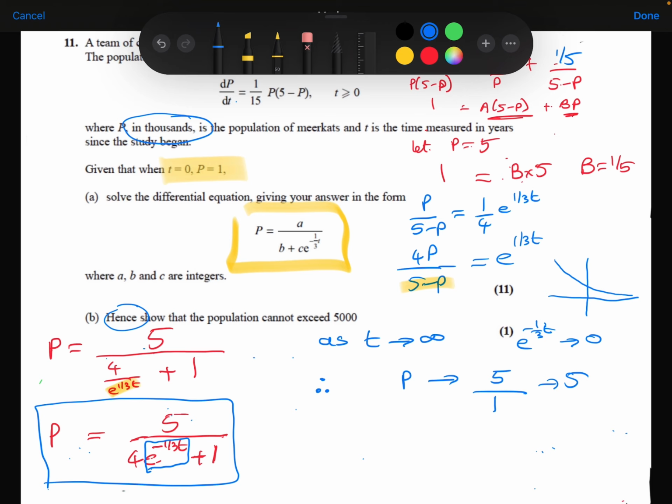So I can say that population will tend towards 5,000 but never exceed. And we're done.